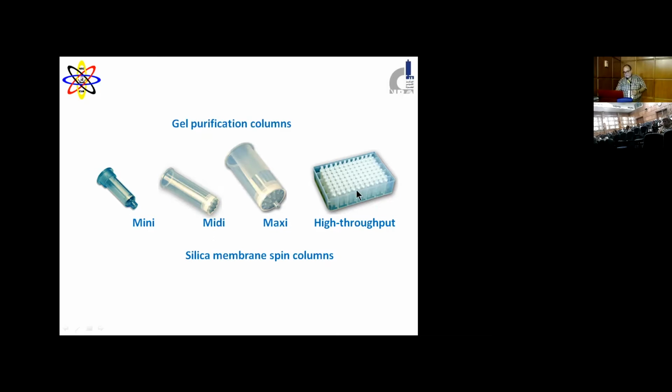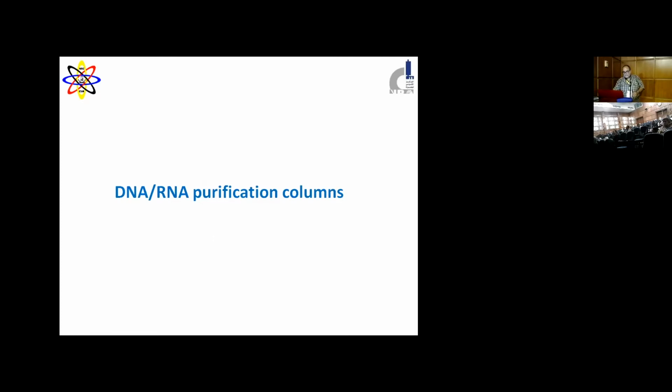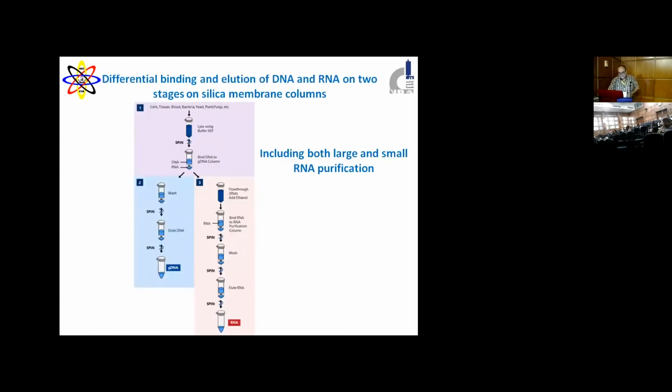And if you wanted to do this for several samples simultaneously, you can use high throughput system. So these are the different stages of membrane-based isolation of nucleic acids of any pathogen. In our case, those guys who are working on corona wouldn't have been able to characterize the viral genome or sequence it if they didn't have the membrane-based columns.